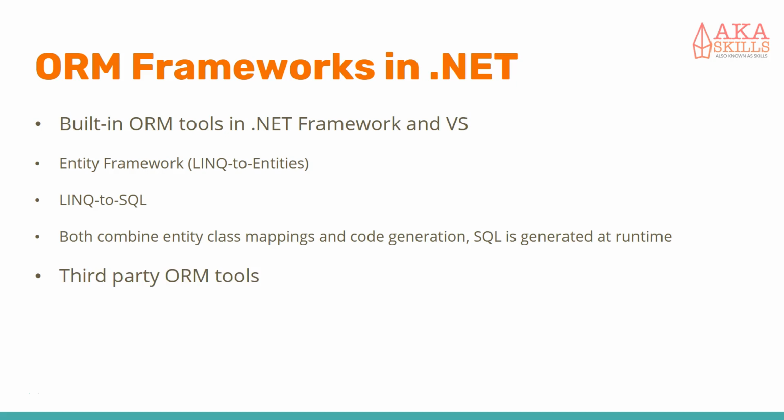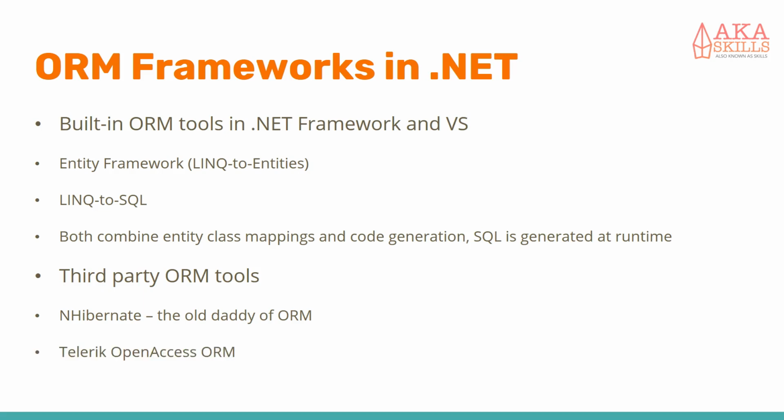Now we also have third-party ORM tools, and NHibernate is one of them, and that's the other way of doing it. It's still fine because it's quite stable, but so is Entity Framework. We can say that NHibernate is just the old way of doing these things. And I think right now in Java, for example, they're still using NHibernate for ORM technology.